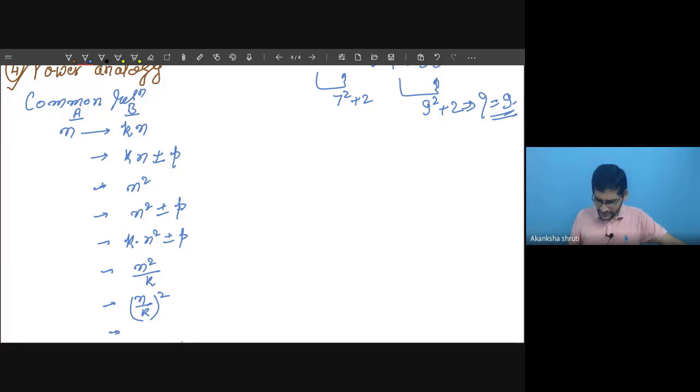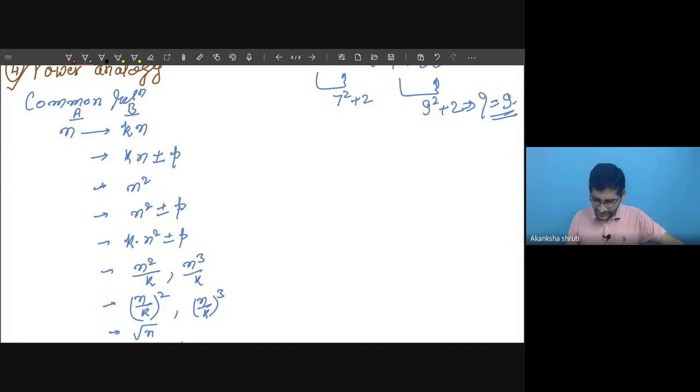It may be possible that you have to take the square root. So here I have taken the square. It may be possible to have the cube relation, cube by k. So n by k, their cube or the power 4.